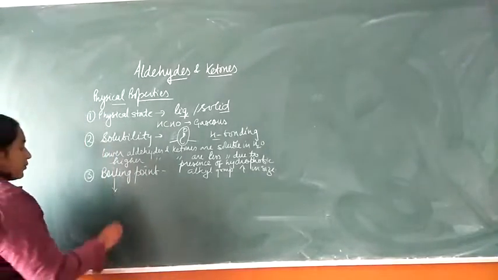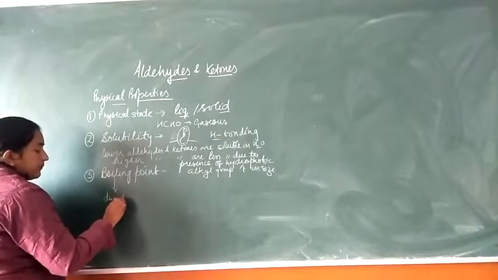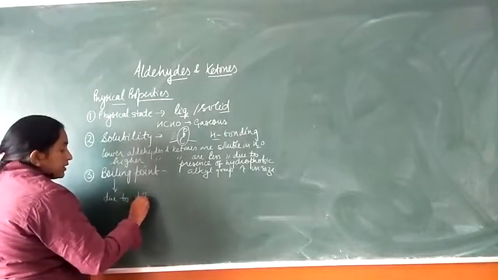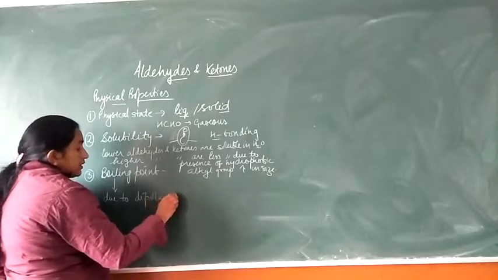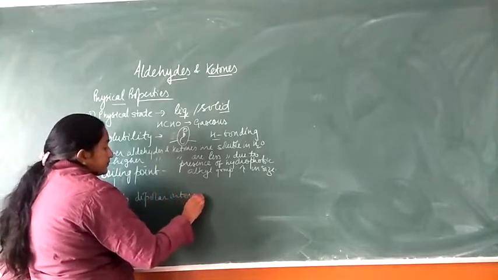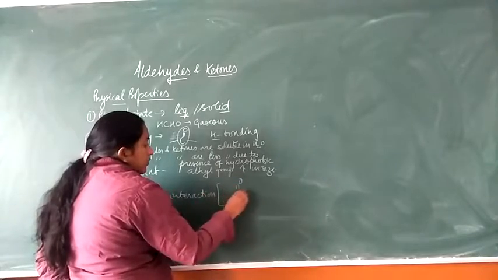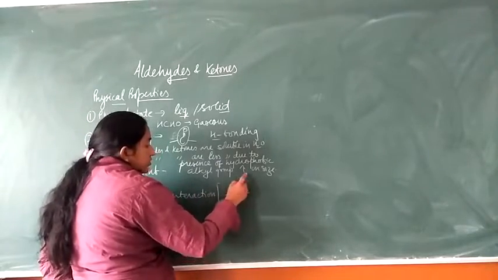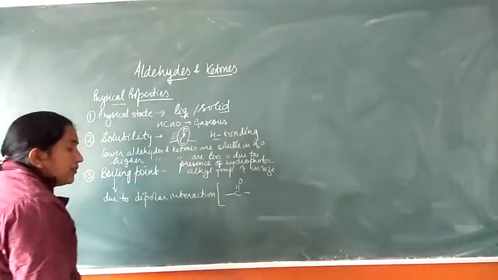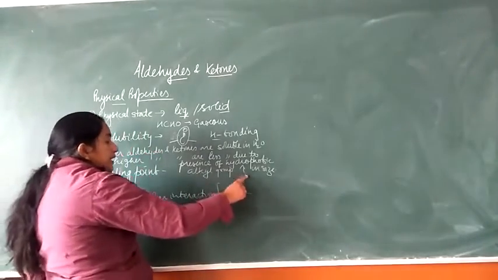Now coming to the boiling point, student. Due to the dipolar interaction caused by C=O, you know that we have discussed the resonating structure of it, and we have found that the carbon will get a positive charge and oxygen will get a negative charge.